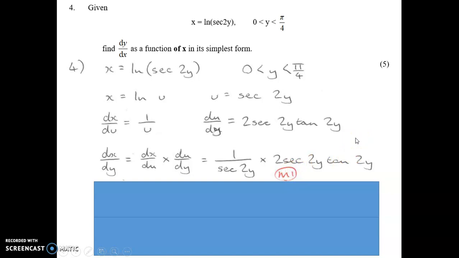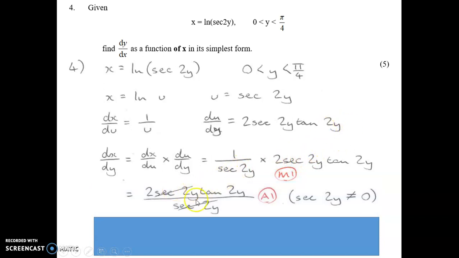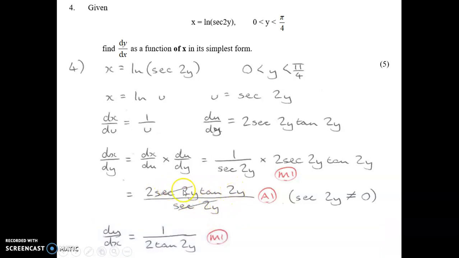I can simplify all of that, and if you look carefully you'll see you've got sec 2y in the denominator and also in the numerator, so they will cancel and we end up with just 2 tan 2y. We can't always divide by sec 2y, for instance, in case this is 0.